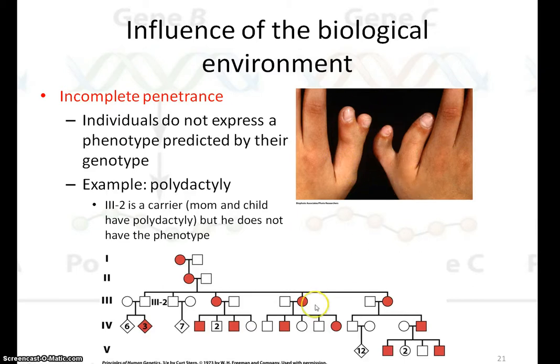If you look down at this pedigree, this male individual is individual 3-2. His mother has polydactyly, and his child has polydactyly, but he doesn't. You would assume that he would because his mother did and his child did. However, he does not. So that's incomplete penetrance.